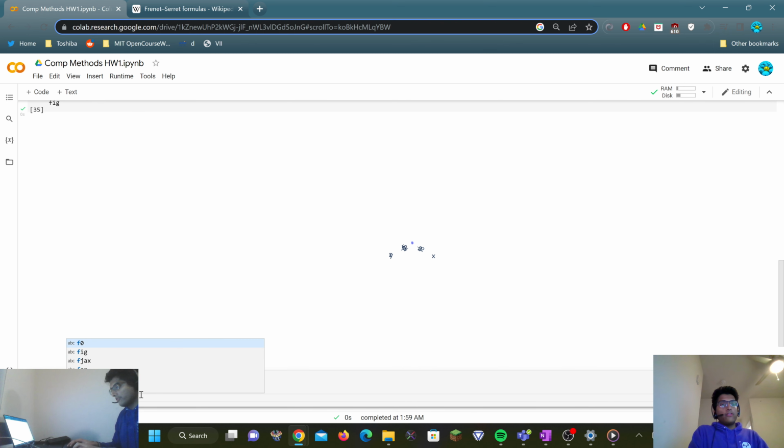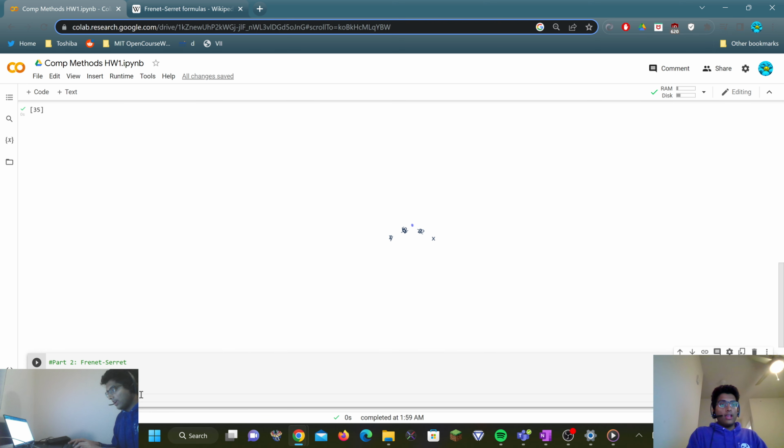So we're going to define a function, Frenet-Serret, which takes in a function, in this case, our curve. And in it, we're going to define two functions, our tangent function and our normal function. What should the tangent vector function take in? Well, you want to know the tangent vector at any point t.